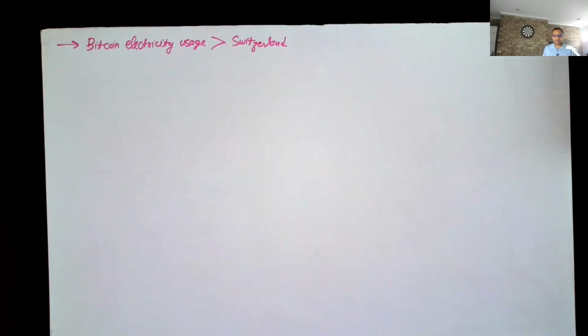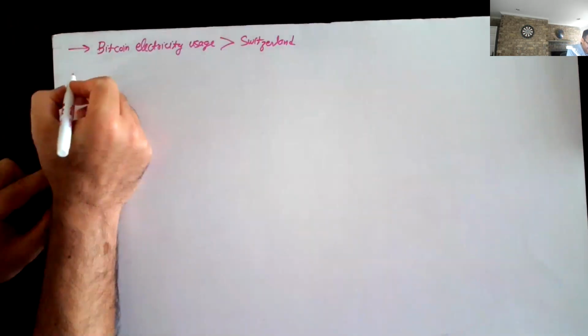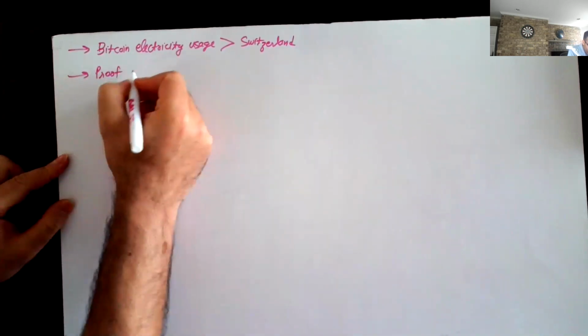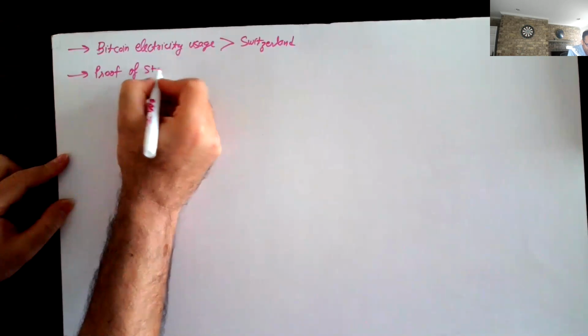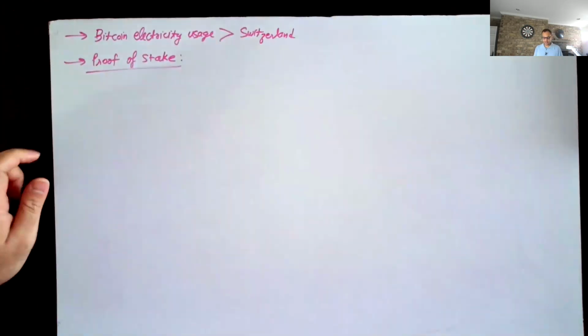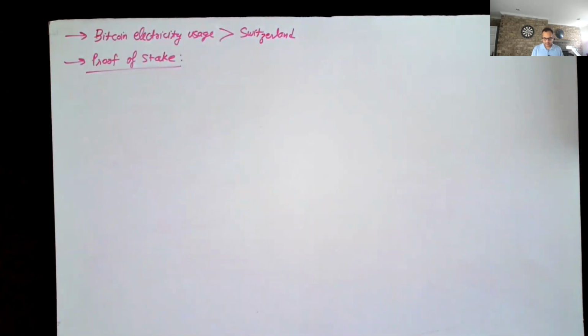So now the question is, can we have a better, more green, cheaper alternative to Bitcoin? One of the proposals is based on proof of stake. There are many suggestions, of course. Proof of stake is just one of them.